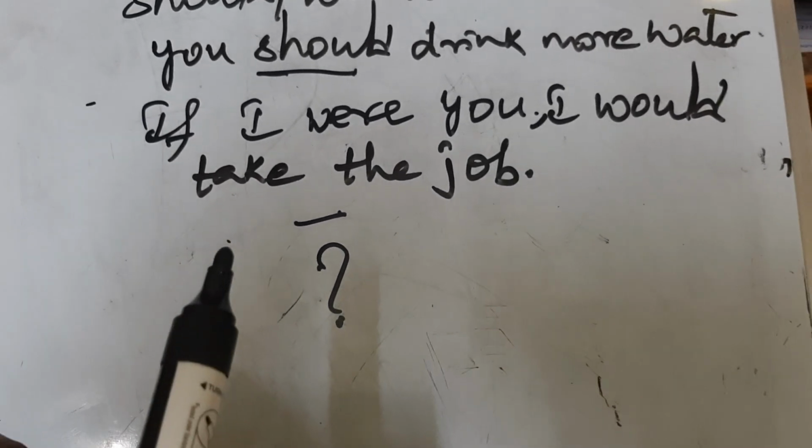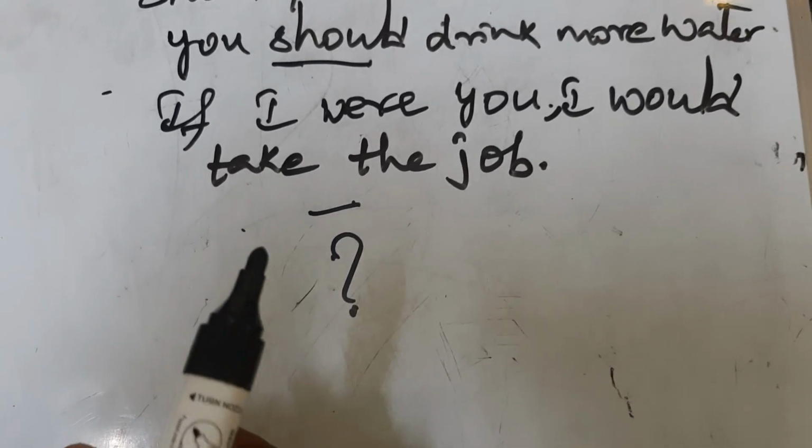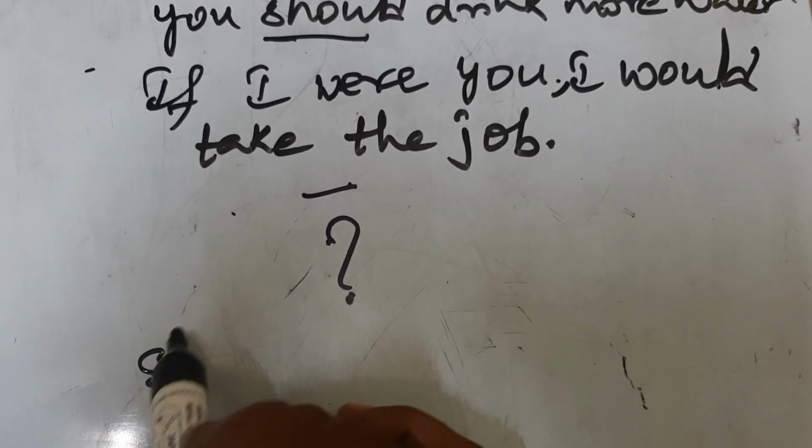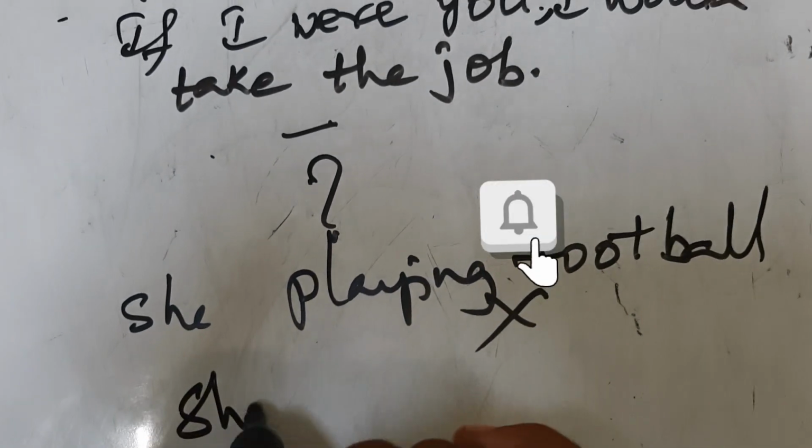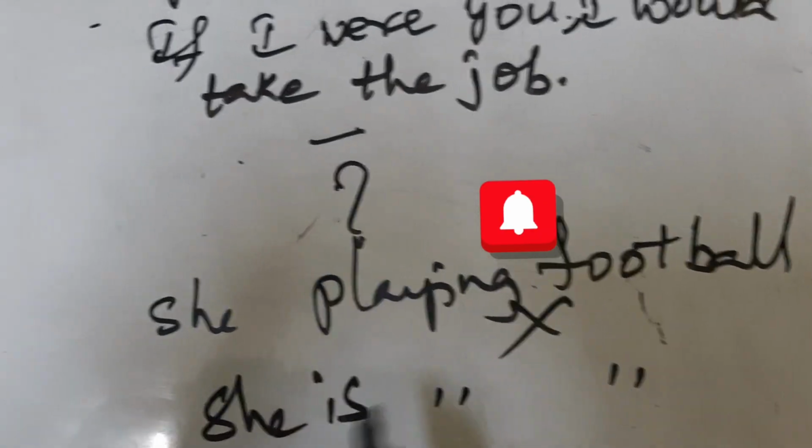For example, if you don't use a helping verb, what happens? She playing football is incorrect. She is playing football is correct.